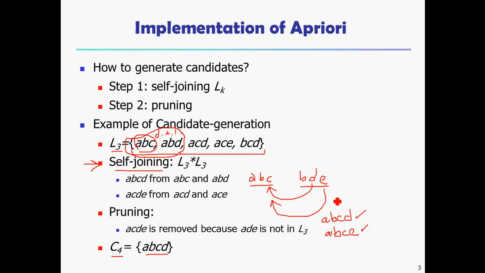This is one improvement from the original Apriori algorithm. But there are a lot of improvements since it was first invented in 1993.